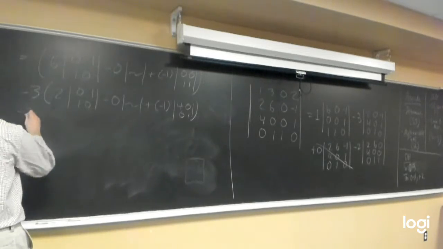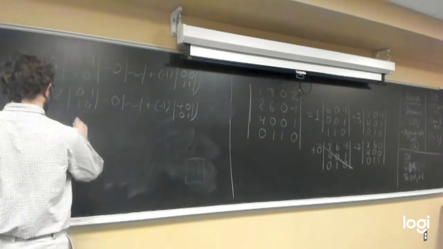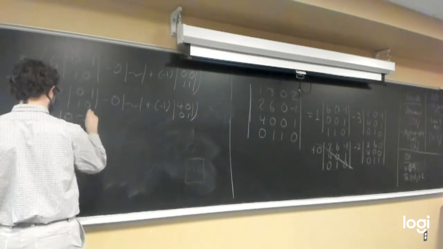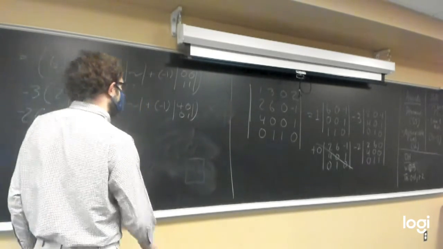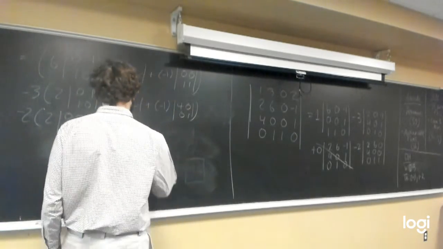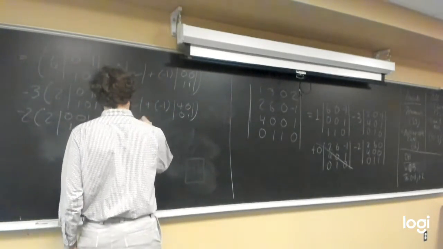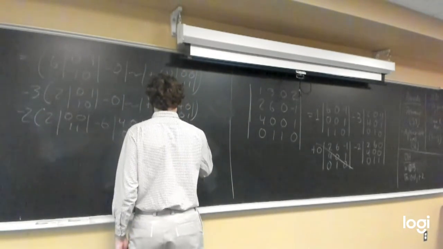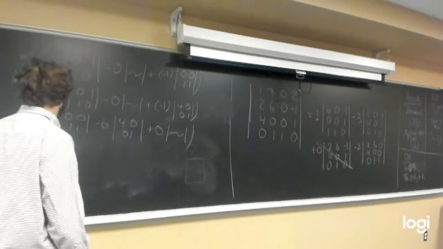Just finished evaluating this one though. We'll get a minus 2 times 2 times the determinant of 0, 0, 1, 1. Minus 6 times the determinant of 4, 0, 0, 1. And then plus some zeros.